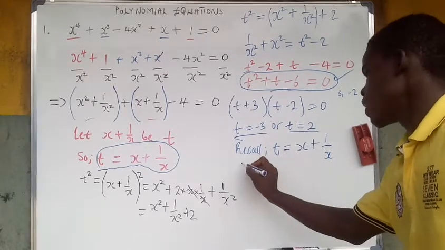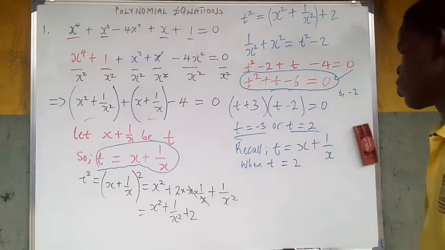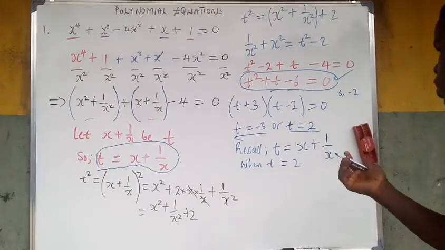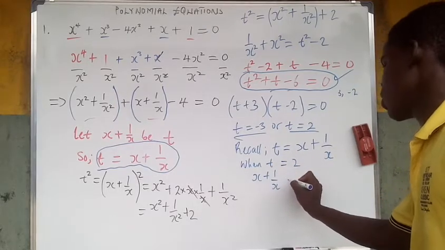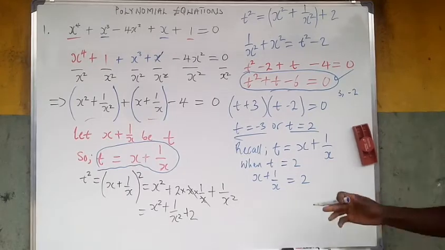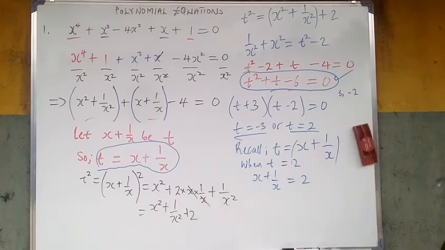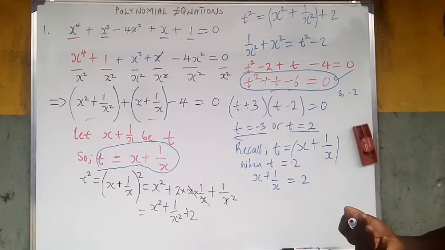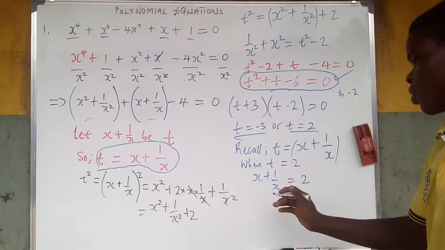Now when t equals 2, then x plus 1 over x will be 2. t is equal to x plus 1 over x, t equals 2, therefore this and this are equal. That's what we call relations. Now we can solve this.